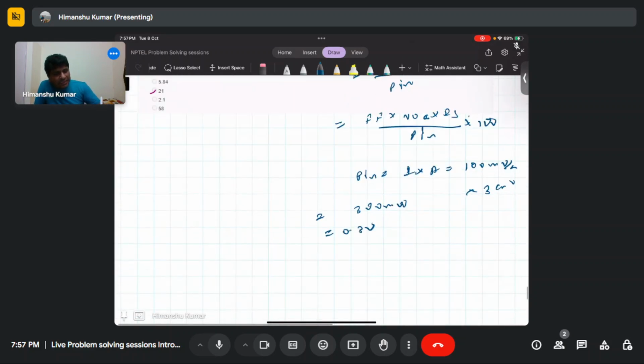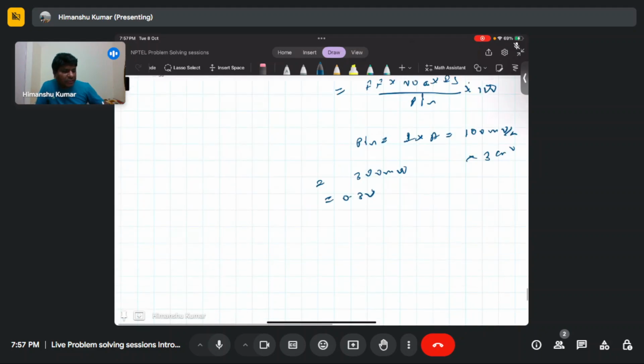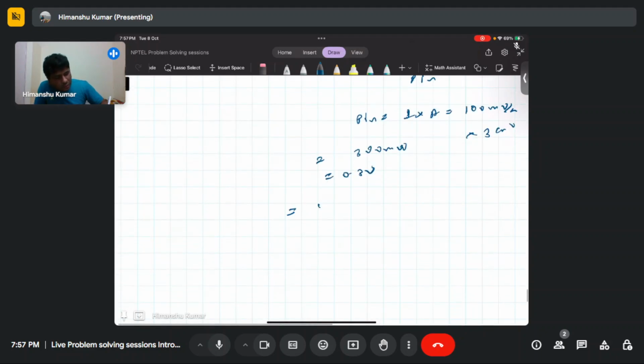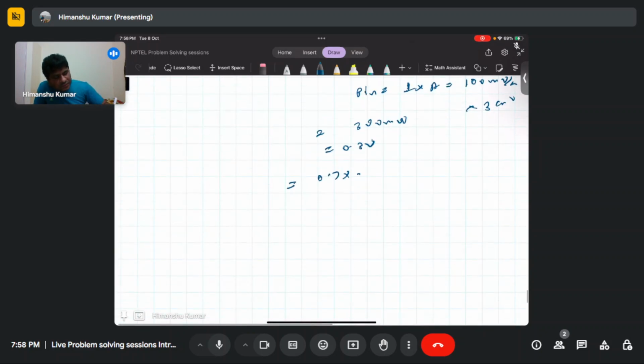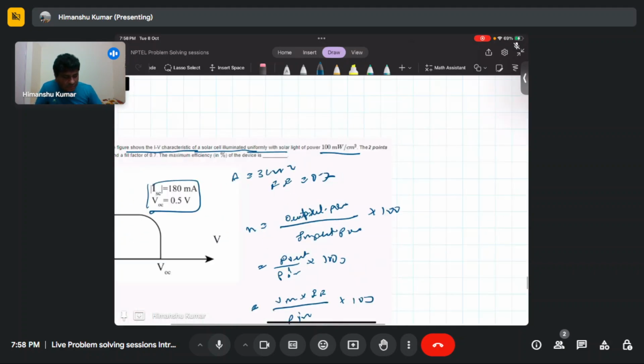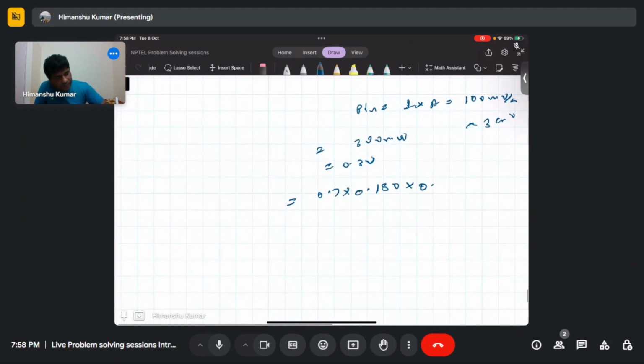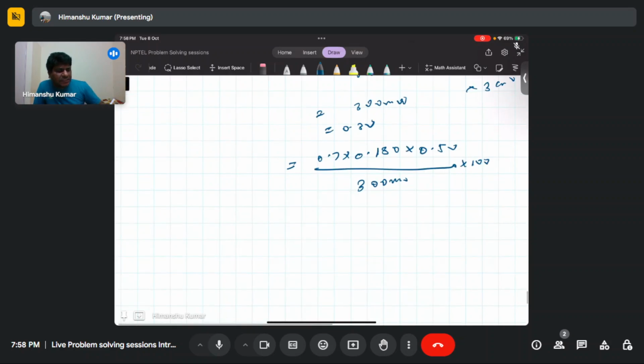So the fill factor is 0.7, times ISC, which is 180 milliampere, which you can write as 0.18 ampere, times VOC, which is 0.5 volt, divided by your input power, which is 0.3 watt, times 100.